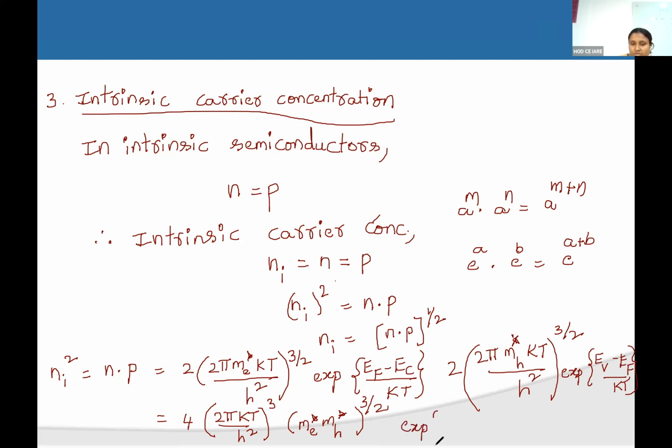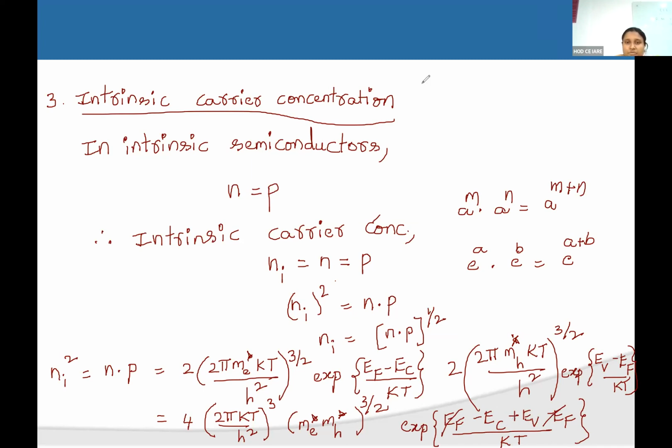Exponential of (EF minus EC) plus (EV minus EF), with common denominator kT. Here there is scope for cancelling EF and minus EF. So EF and minus EF get cancelled, and we are left with EV minus EC by kT.